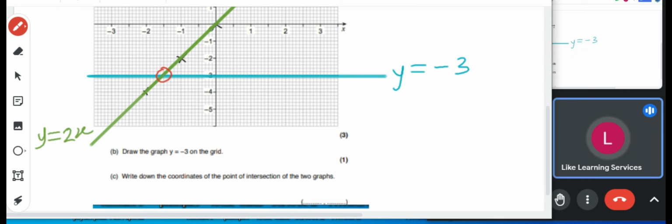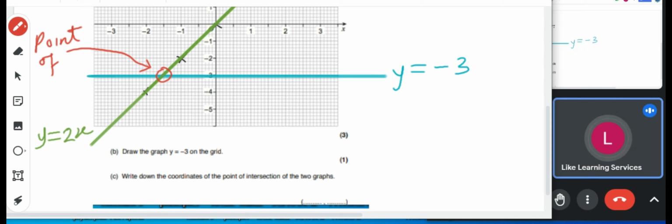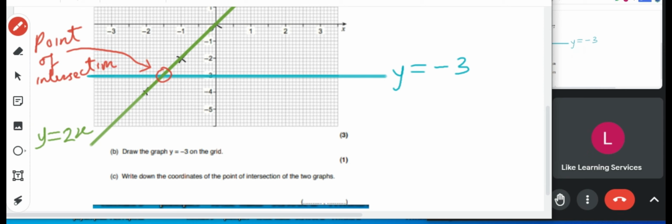So what's the coordinate of that point? Point of intersection is where they cross themselves. Oh, I know, it's minus 1.5.